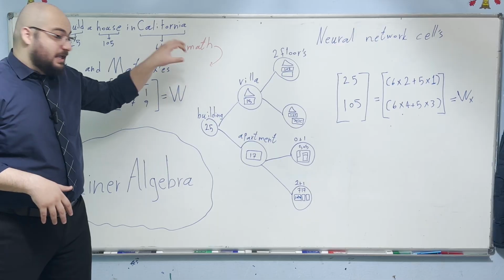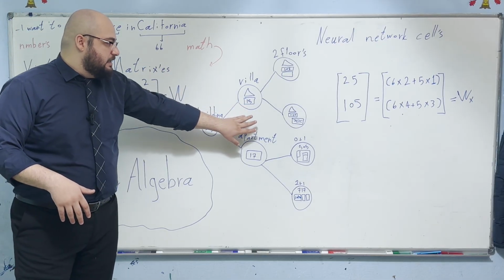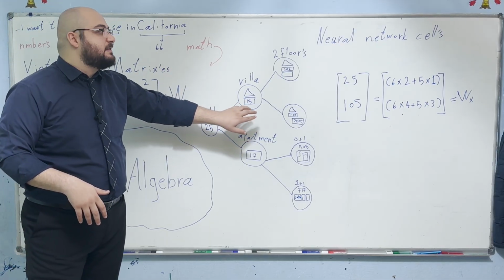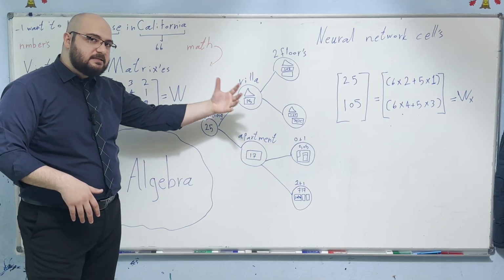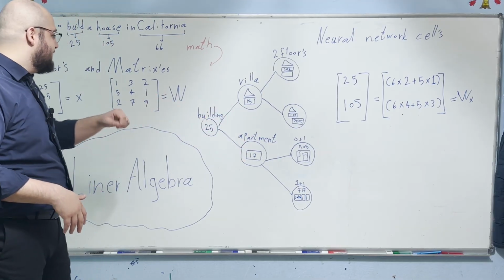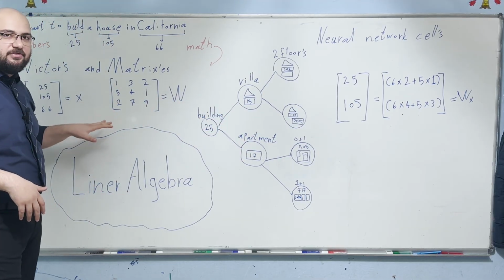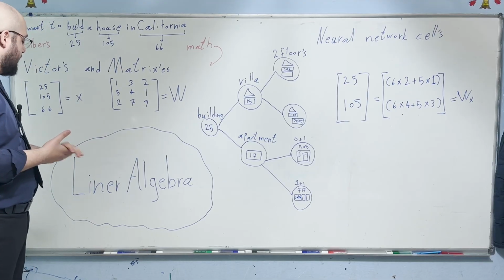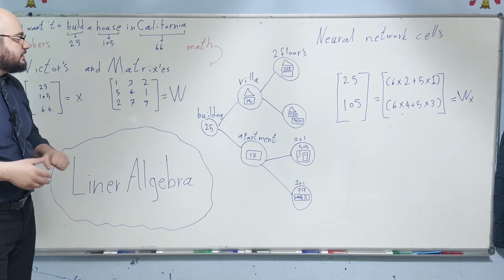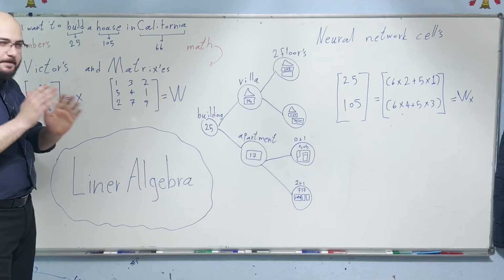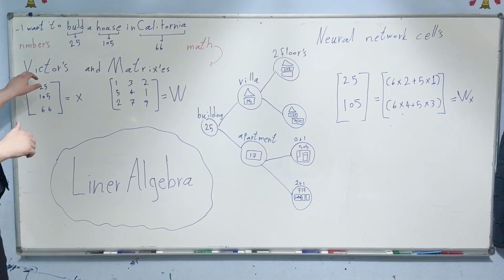Another important concept is the neural network. How does it work, and how does the math work in general? It's a topic we're going to discuss point by point. So let's start with vectors.